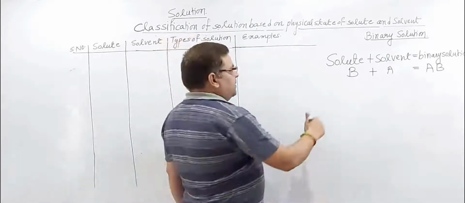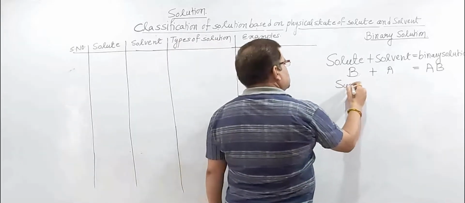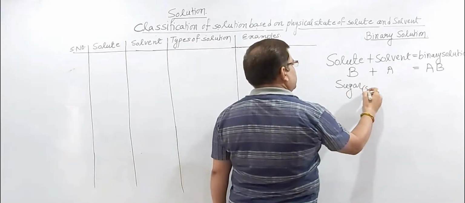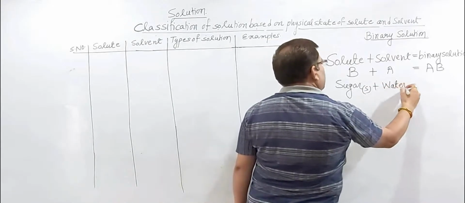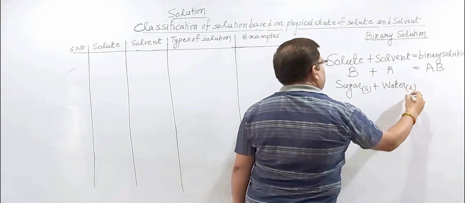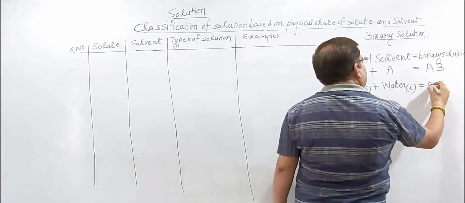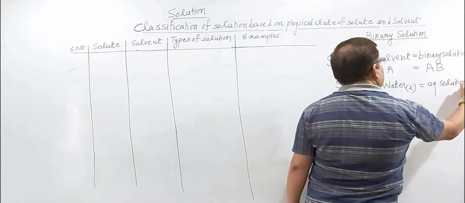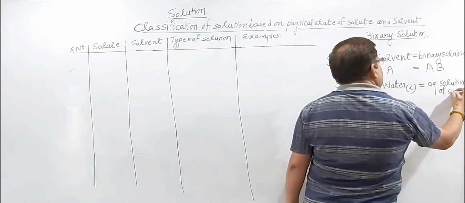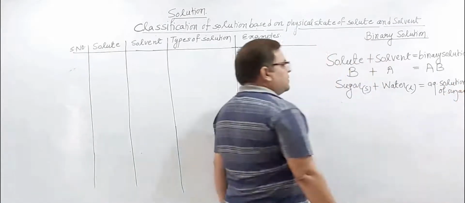For example, if we consider sugar as the solute and water as the solvent, then it will give an aqueous solution of sugar.